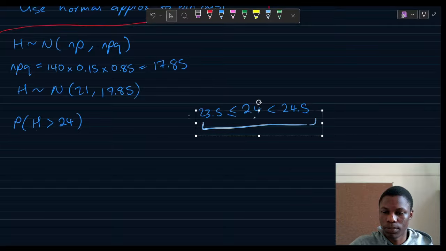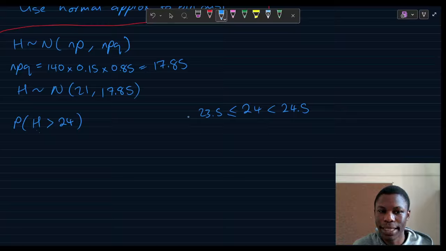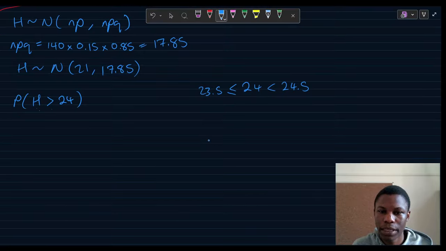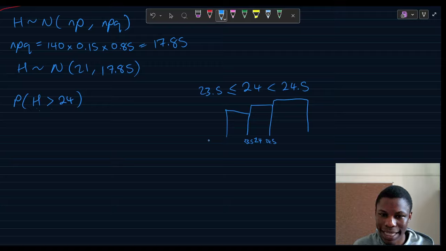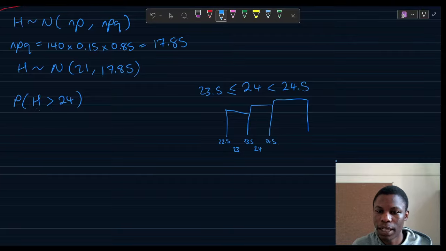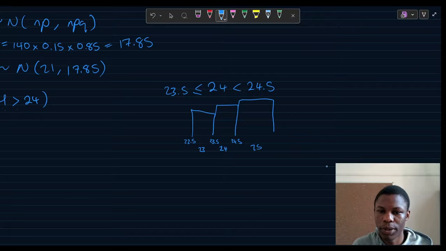Okay. So with that in mind, we want H to be greater than 24. If I was to draw some bars, we have 24, which is bounded by 23.5 and 24.5. 23 would be bounded by 22.5 and 23.5, and 25 would be bounded by 24.5 and 25.5. We want H to be greater than 24, so we don't want to include any of the numbers within the interval for 24.